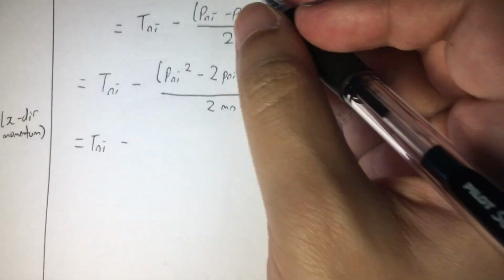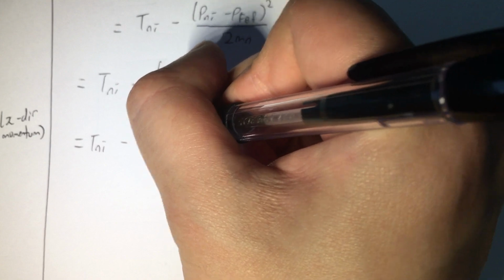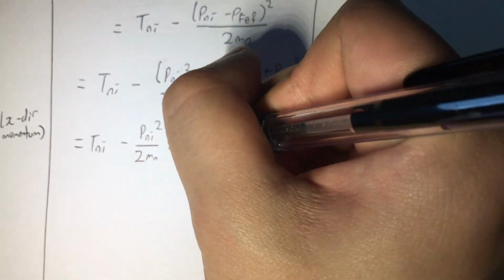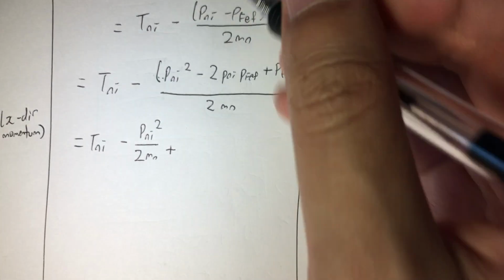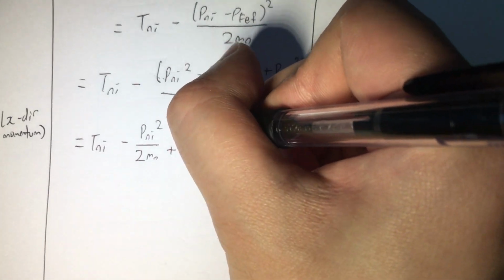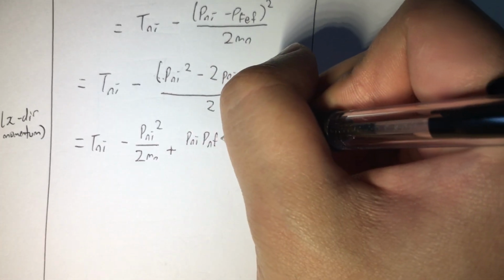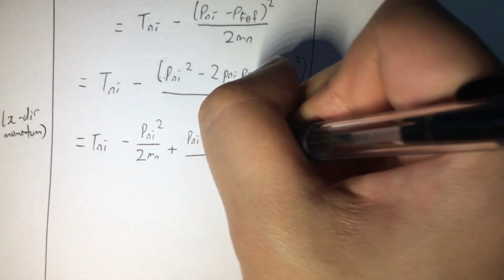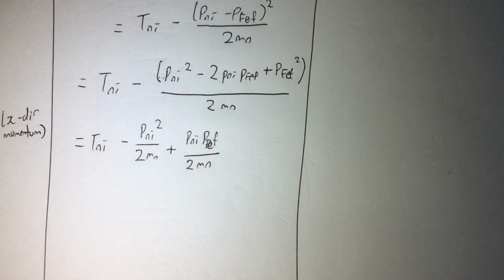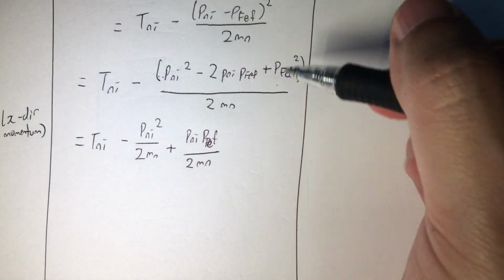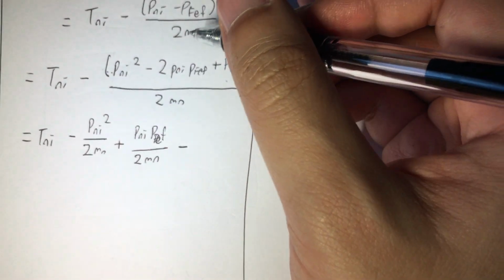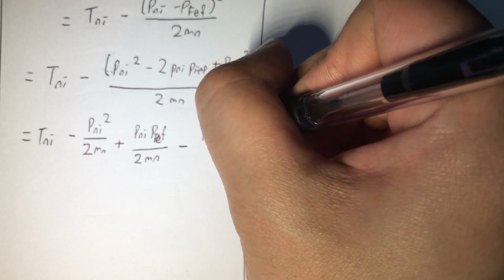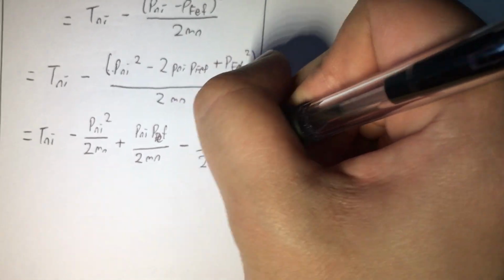So let's write all the stuff out. Minus times this will be the minus, the middle part will be a plus, and then this will be a minus. So that is P_Fef squared over 2mn.